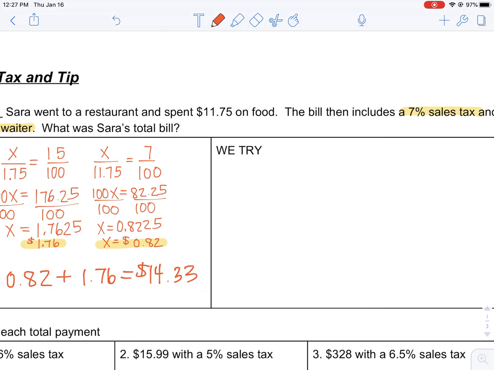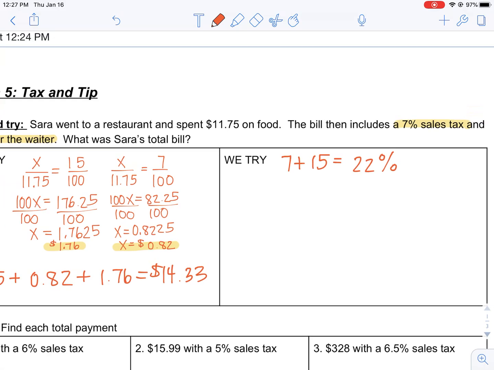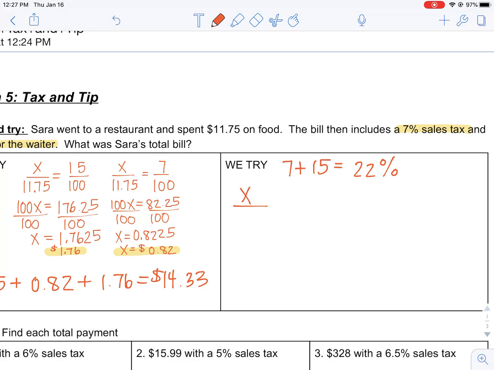So let's compare that to if we put the tax and the tip together. What I'm saying is you take 7% and 15%, and you have 22% total, and you do one proportion. So X equals 11.75, and then do 22 over 100. Cross multiply 11.75 times 22, and you get 258.5.